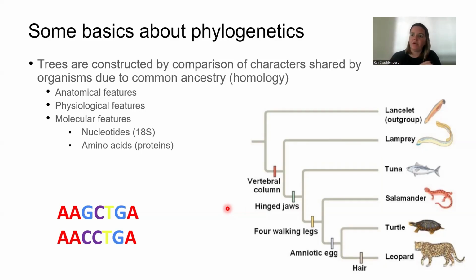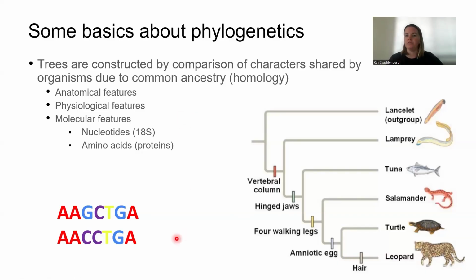So if we are building a quick barcode phylogeny of our organisms, we might use a gene such as the small ribosomal subunit, which is also known as the 18S in eukaryotes or the 16S in bacteria. And so we can use those nucleotides, that gene of interest, in order to make a phylogenetic tree using that gene.